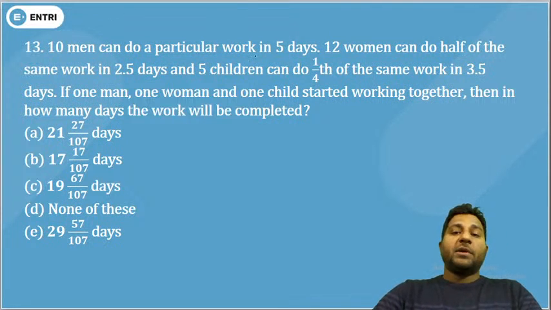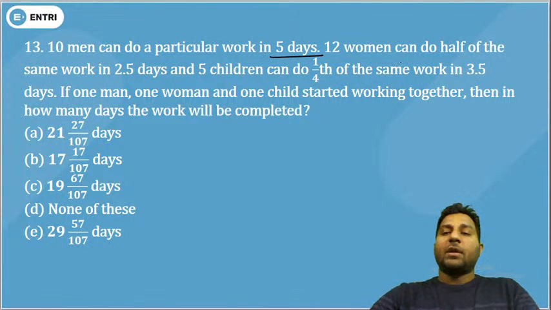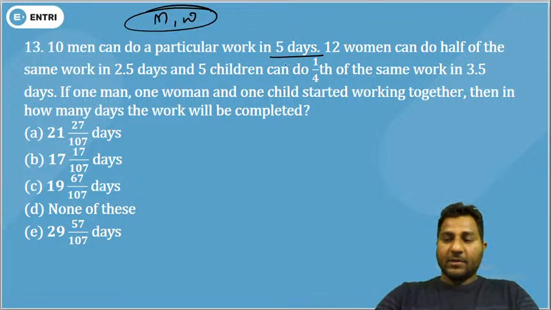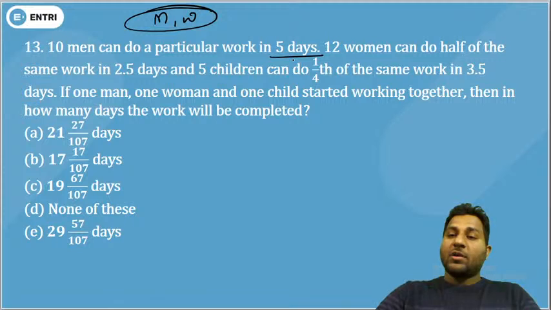10 men can do a particular work in 5 days. 12 women can do a, so it's a men-women work. 10 men can do a particular work. Yes, that's the spirit. Everyone must acknowledge each other, and one must also encourage the other.